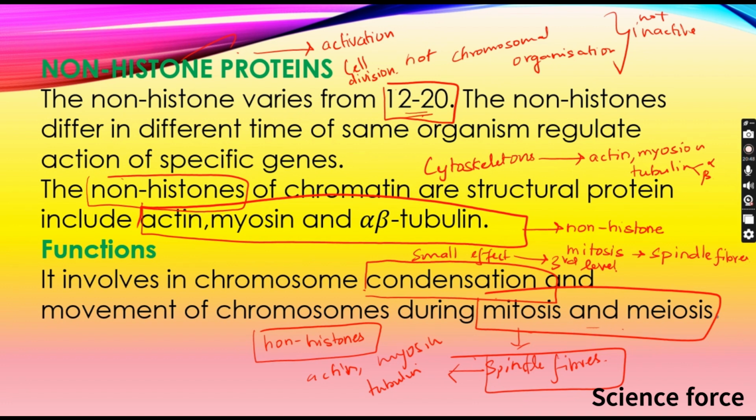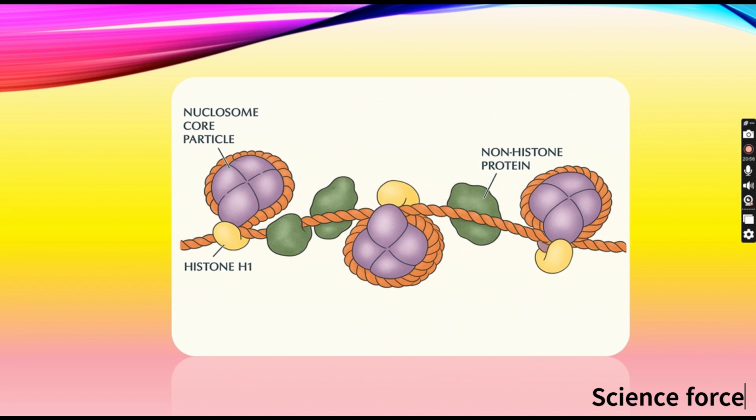Therefore, non-histone proteins are also very important proteins. They are not involved in octamer formation. So these are the non-histone proteins.